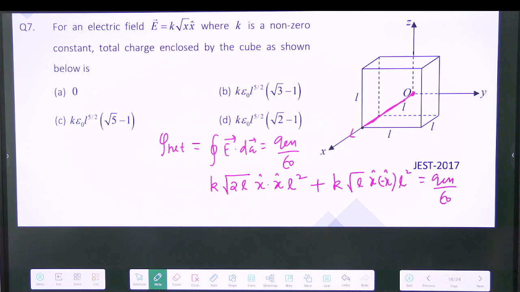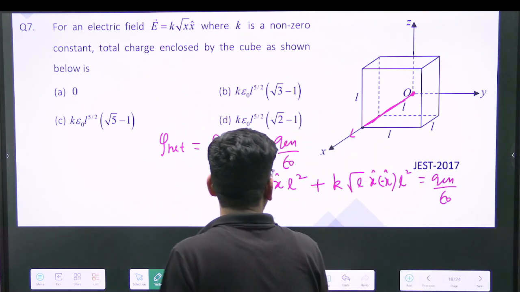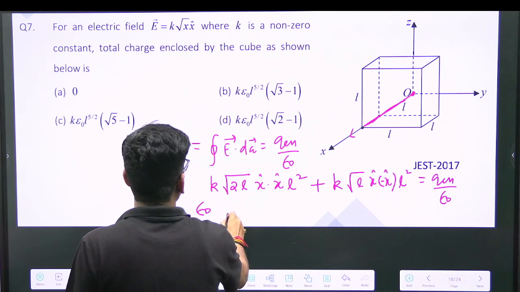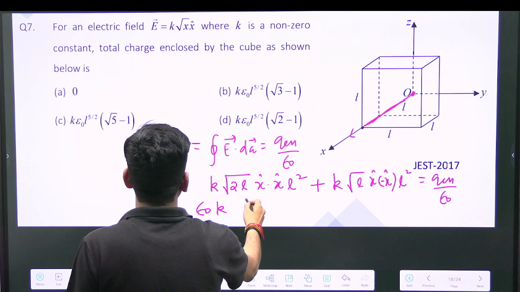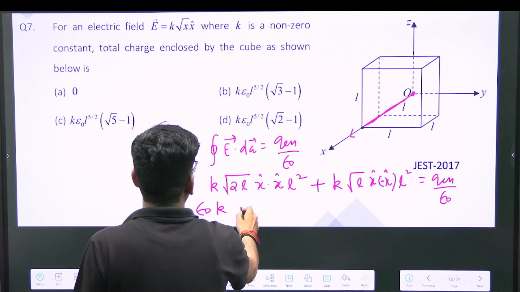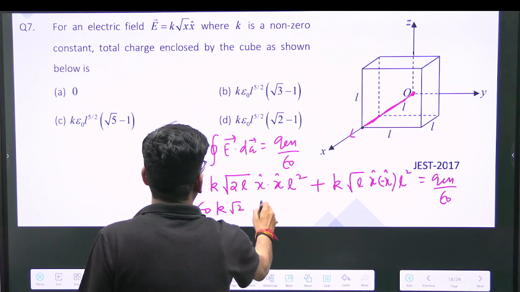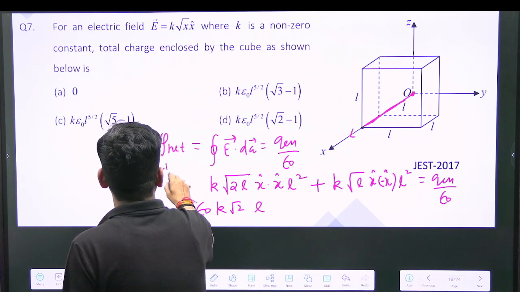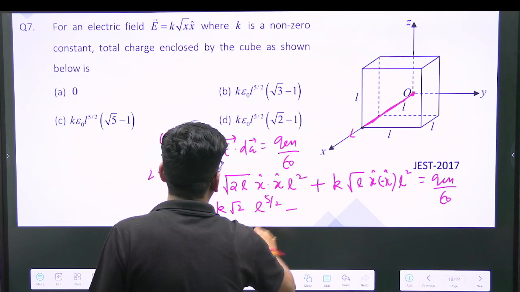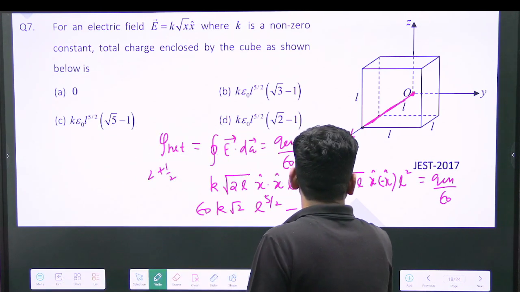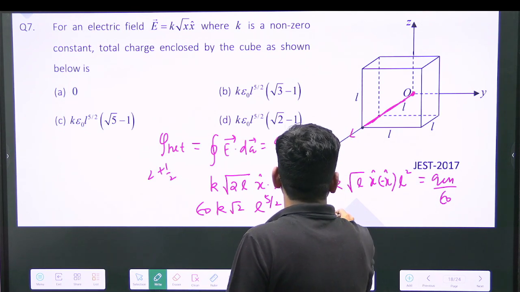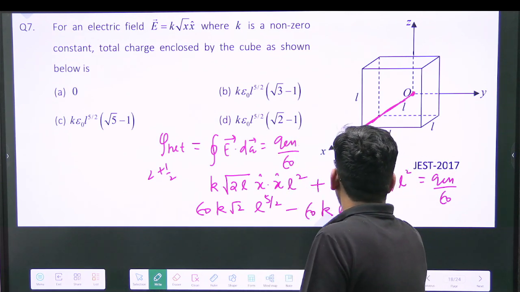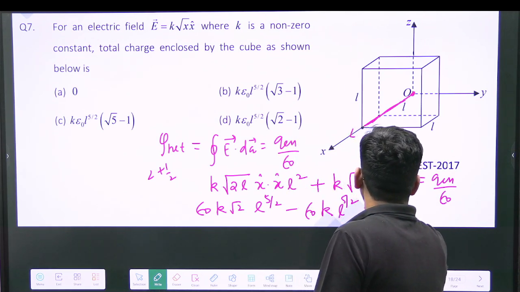Okay? So now you can quickly calculate: Q enclosed is equal to epsilon naught times K, L root 2, here L to the power 5 by 2, since 2 plus 1 by 2 is 5 by 2, minus epsilon naught K L to the power 5 by 2, is equal to Q enclosed.